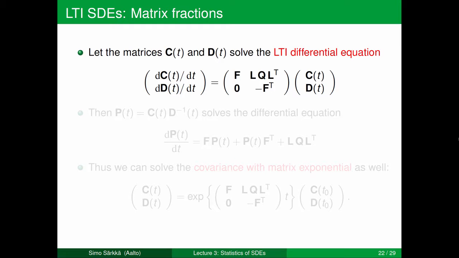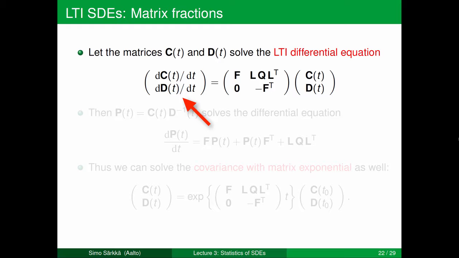It turns out that even though the covariance differential equation is not simple linear, we can form two linear differential equations, which as a joint solution will give us the solution to the covariance differential equation completely. So let matrices C(t) and D(t) solve the linear time invariant differential equation of this form.